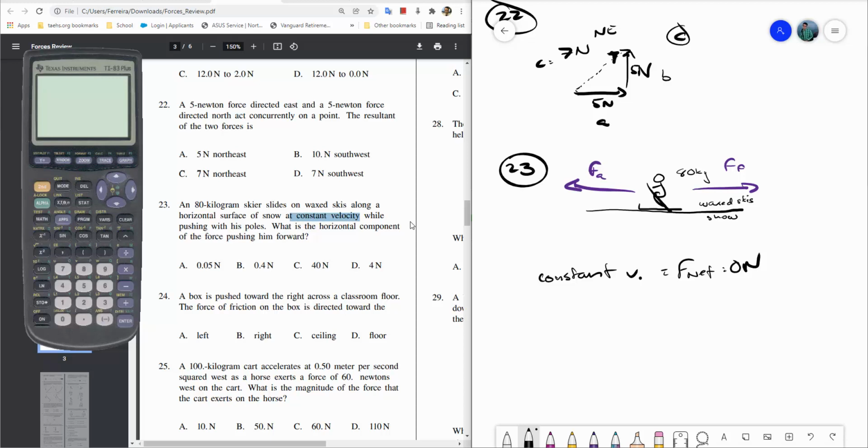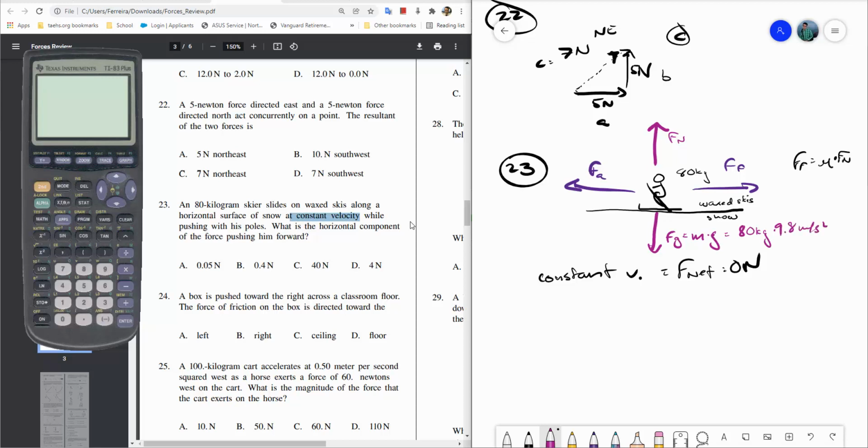Now, force of friction is equal to mu times the normal force. The normal force is the force pushing up. That's actually going to cancel out the force pushing down, the force of gravity. And the force of gravity is equal to mass times gravity. We know the mass to be 80 kilograms, and gravity to be 9.8 meters per second squared.